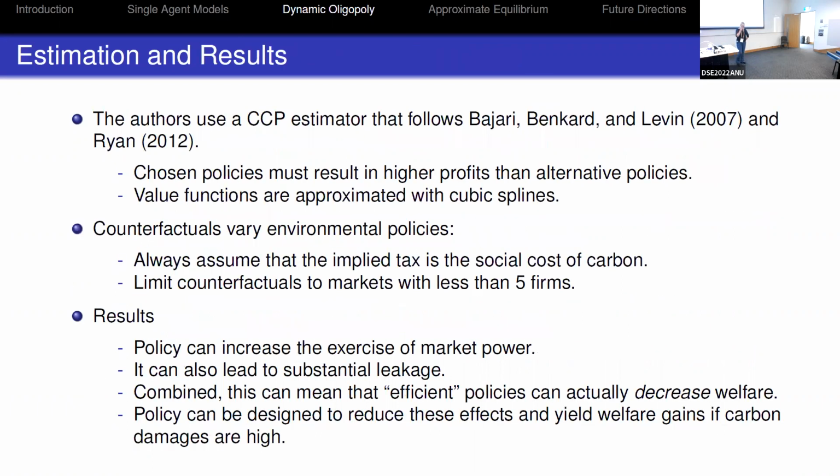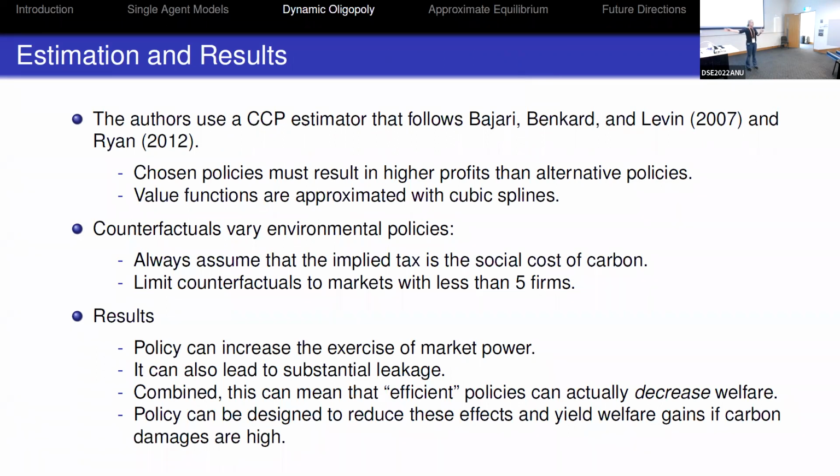Okay, so the authors here are going to use CCP estimation following BBL and Stephen Ryan's job market paper. The basic setup here is, they have these CCPs, and they're going to say, all right, we know the policies that the firms chose.